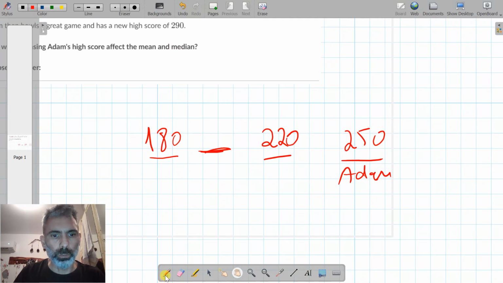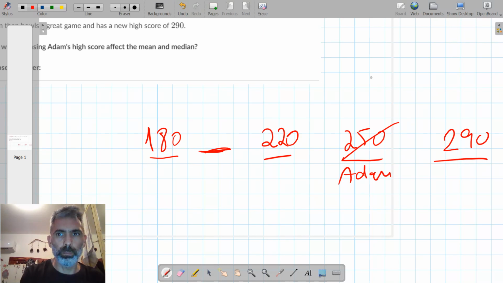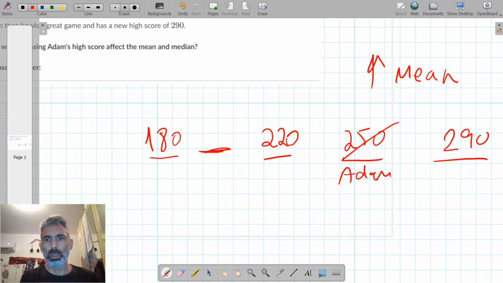Of course, when we shift Adam's high score to the right on the number line, it will cause the mean to increase.